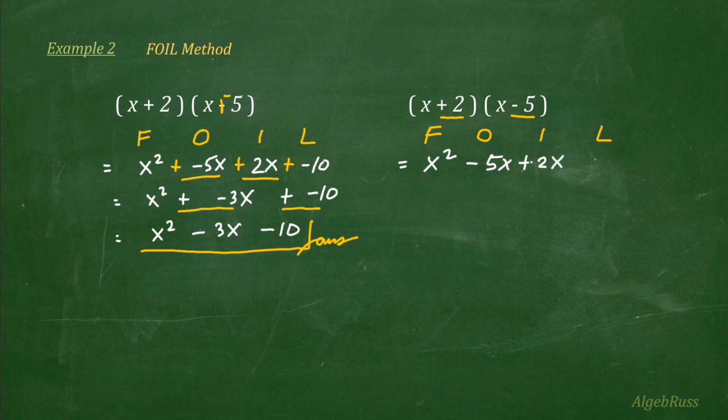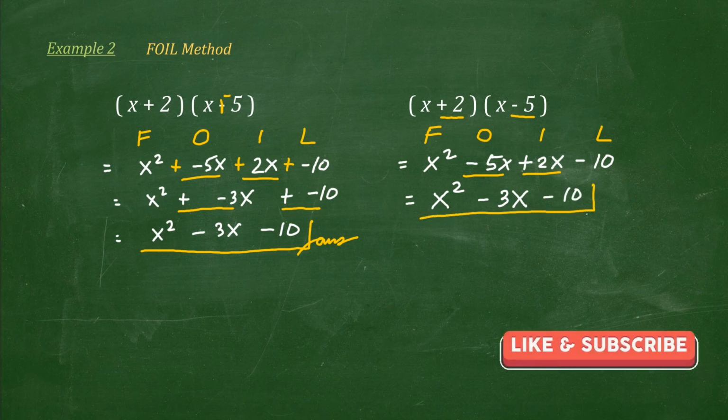The last terms, 2 times negative 5 is negative 10 or minus 10. Combining these like terms, these two, we have x squared, negative 5x plus 2x is negative or minus 3x. Then finally minus 10, resulting in the same answer but faster this time.